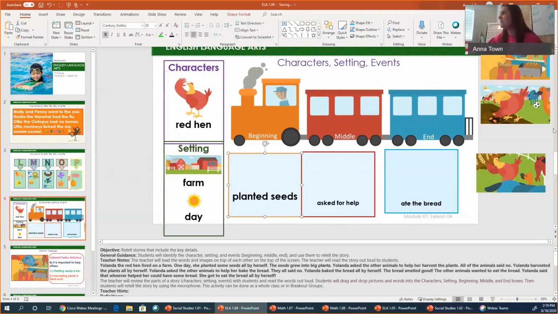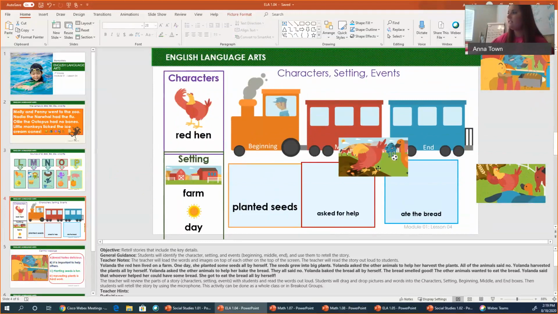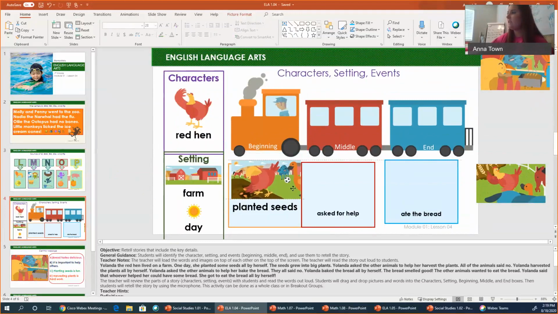So I want us to take a look at these pictures. We have a picture of her eating some bread, we have a picture of her planting some seeds, and we have a picture of her, it looks like she's asking for help. What is the first thing that we think she did? The beginning. What happened in the beginning? She planted the seeds. Absolutely.